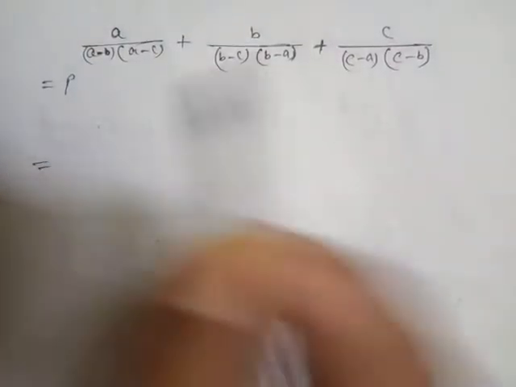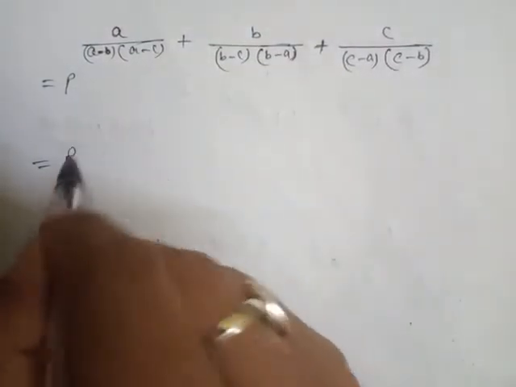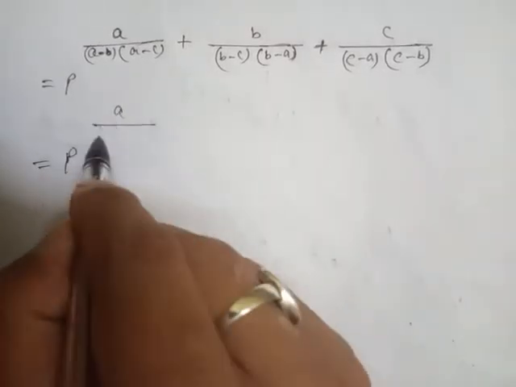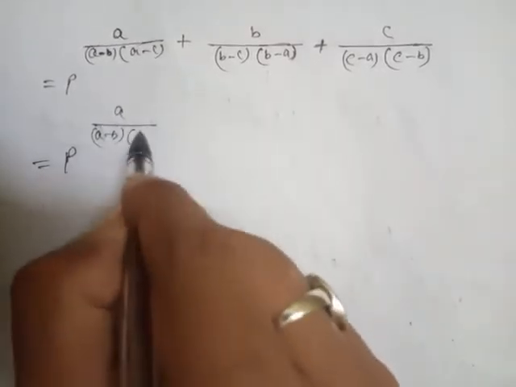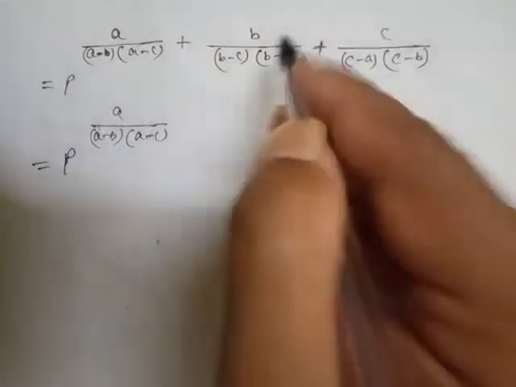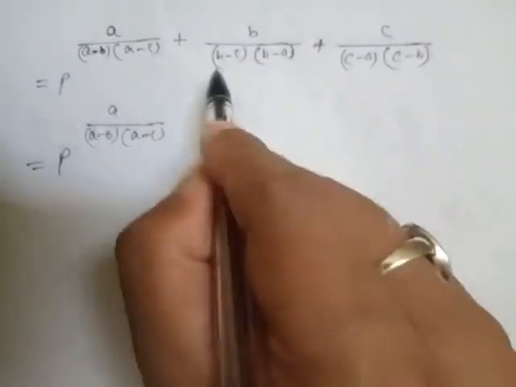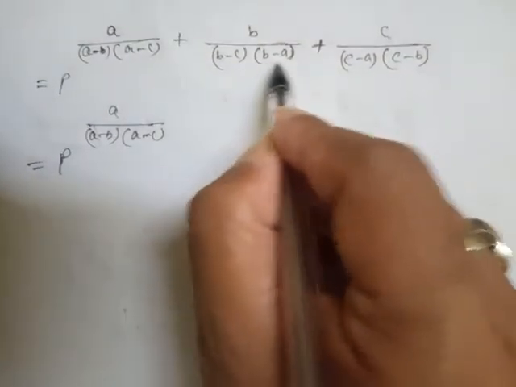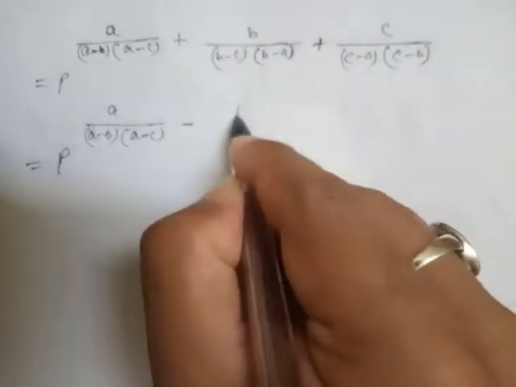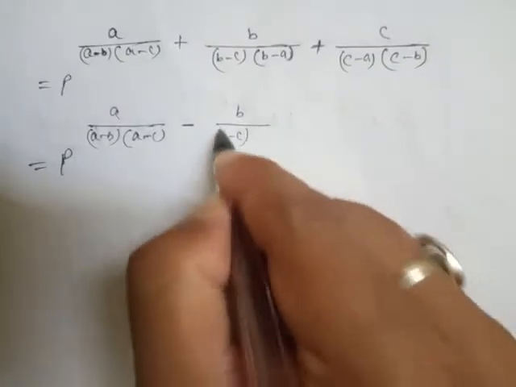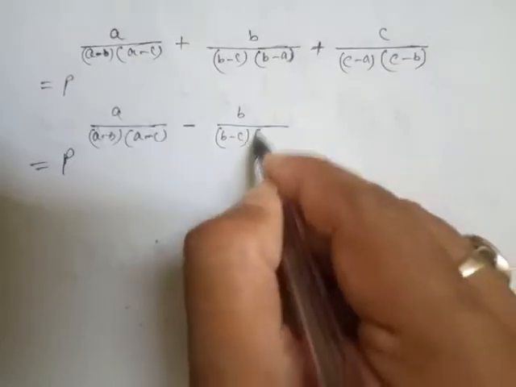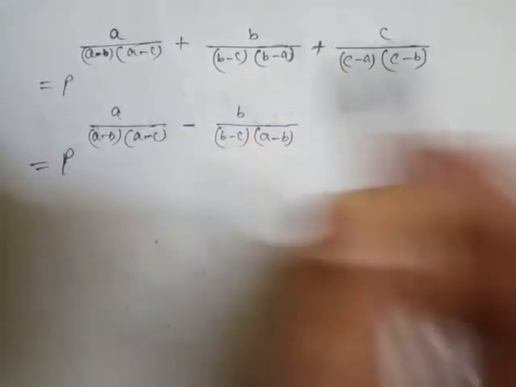Now after that, look, just make some changes here. In a by (a minus b)(a minus c), first one stays. Now here, if there is b minus a, and if you make it a minus b, then there will be a minus sign.